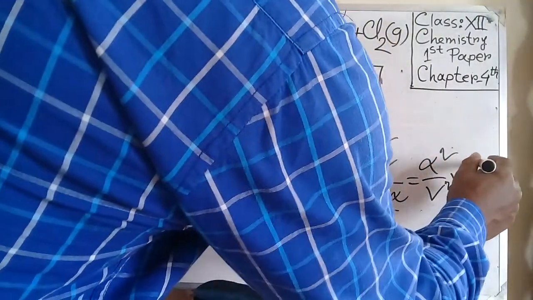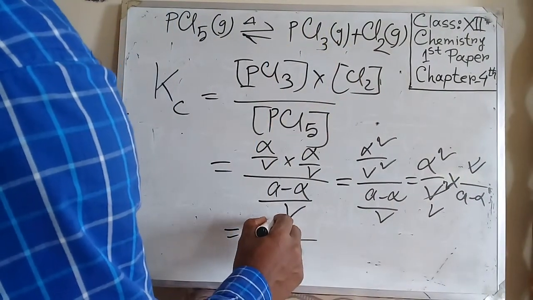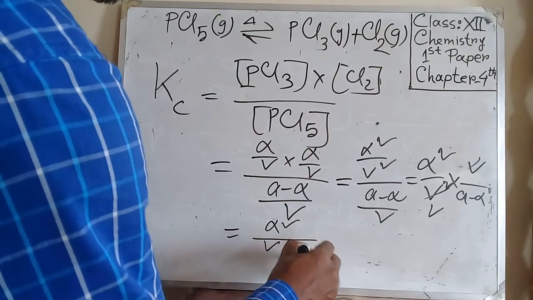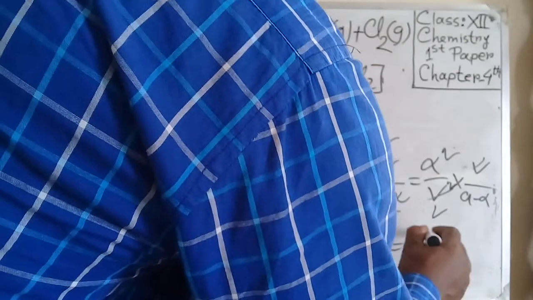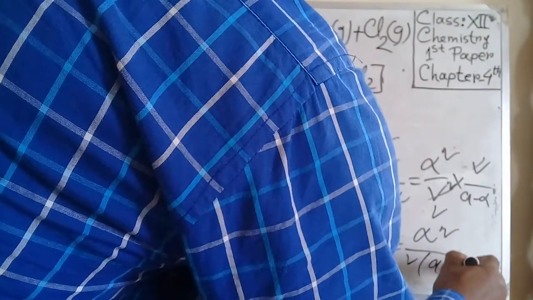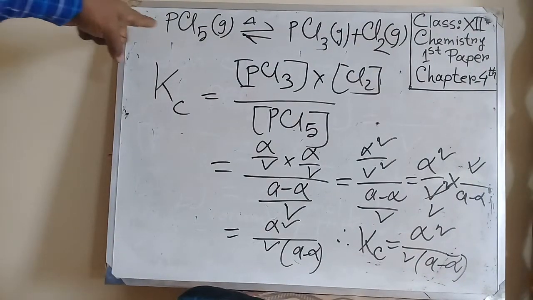So if I cancel one b, we get alpha square by b into a minus alpha. So Kc equals alpha square by b into a minus alpha. This is the equation for Kc for this reaction.